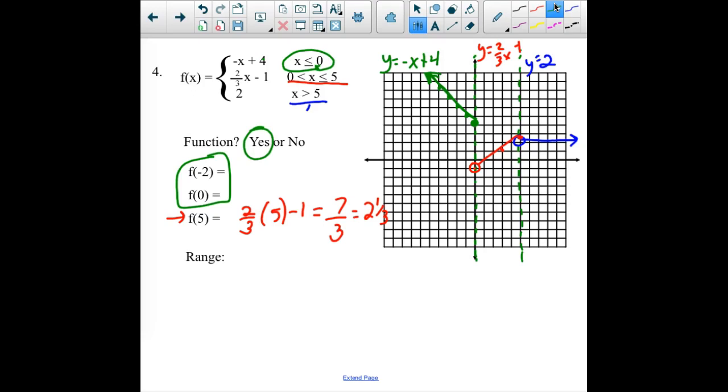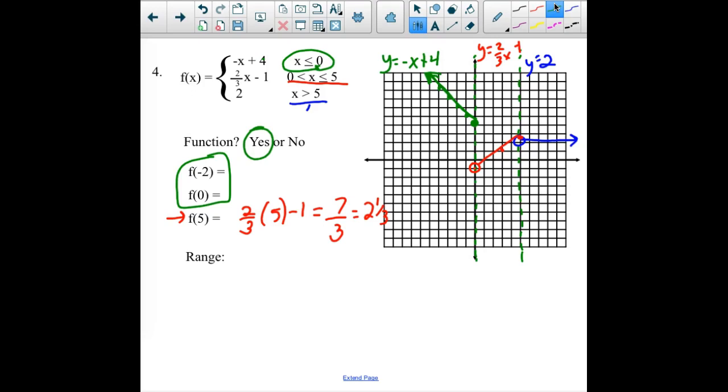Okay, so when I look at this, I know there's no y values down on the bottom part. The lowest y value I get is -1. Is it actually used? No, it's open. So I have to be a little bigger than -1. Yes? Can I use 0? Can I use 1? Can I use 2? Yes?